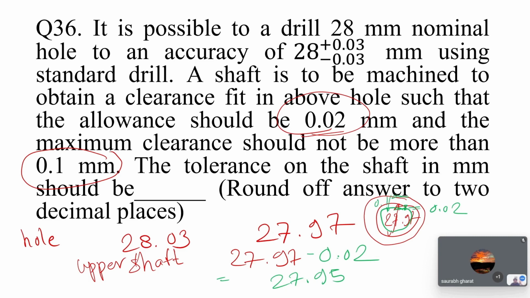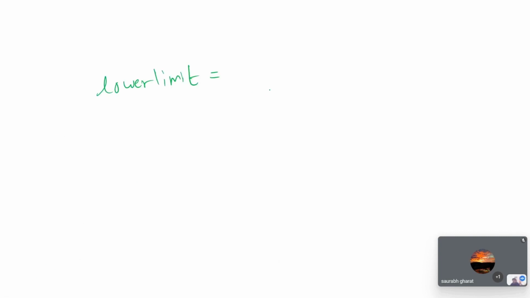From this figure again you can understand what we need to do. Right now we have to subtract from the bigger circle, this part, not this part. So 28.03 minus 0.1 is equal to 27.93. And what they ask here is tolerance, so upper minus lower.